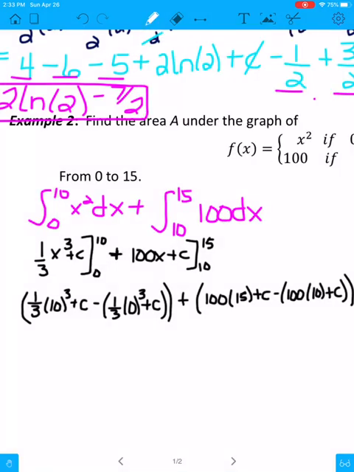So 10 cubed is 1,000, so I'm going to get 1,000 over 3 plus c. Negative 1/3 times 0 is 0, so minus 0 minus c, plus 100 times 15 is 1500, plus c. 100 times 10 is negative 1000, and then I have to minus c.